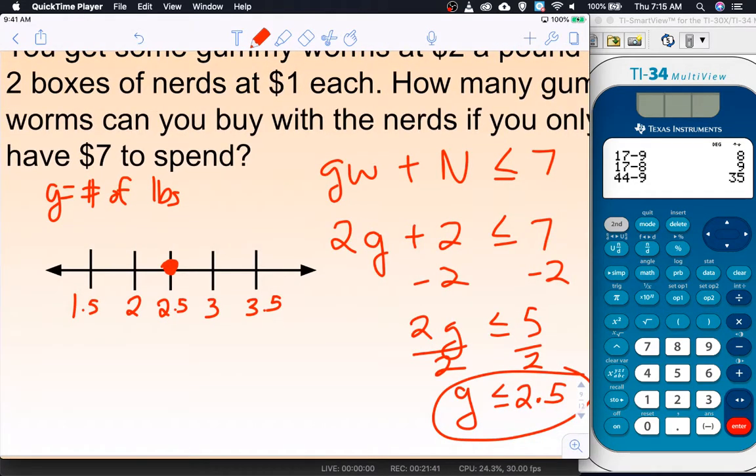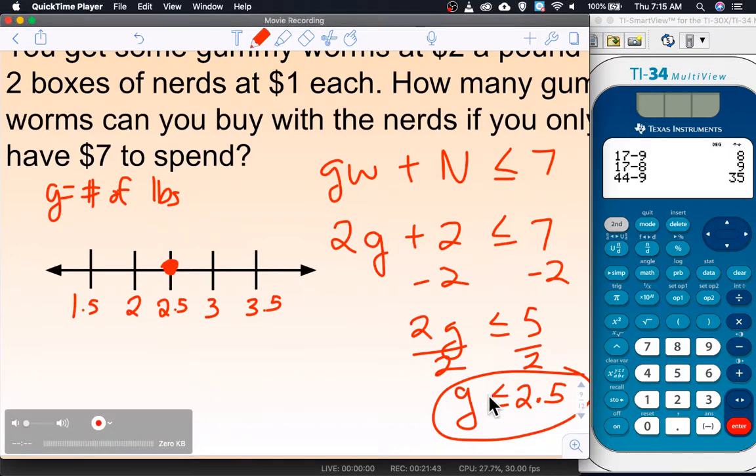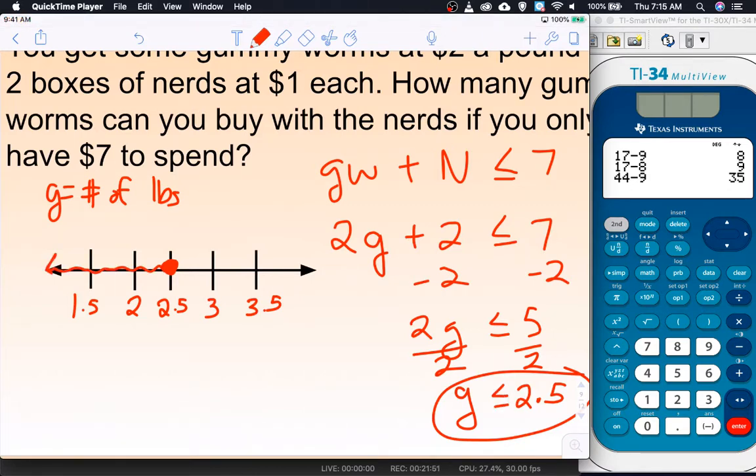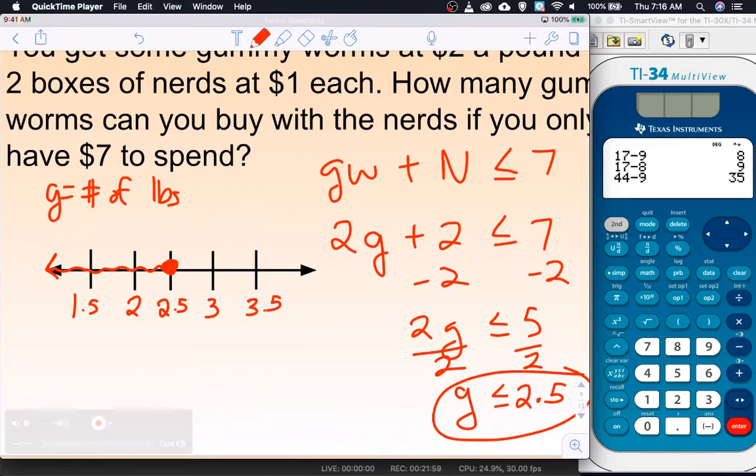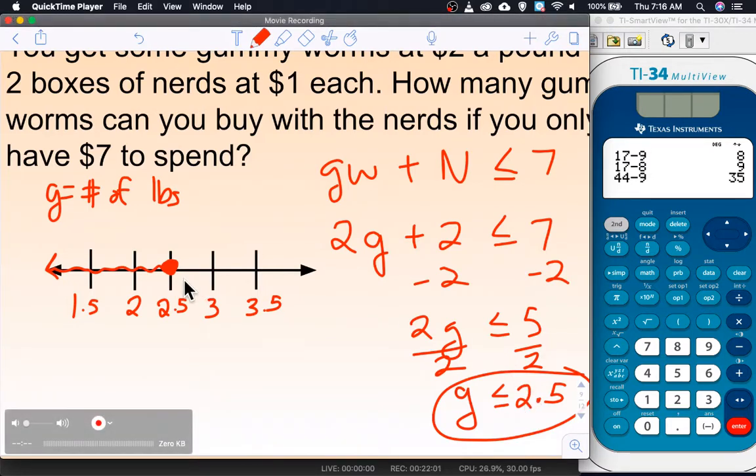I wasn't sure which symbol I should use, so I had to relook. It is a solid dot at 2.5. And I'm shading less than to the left. There. So you could buy any amount of gummy worms less than 2.5 pounds. You could buy 1 pound of gummy worms. You could buy 2 pounds up to 2.5, including 2.5. But not more, because then that would cost more than the $7 you have.